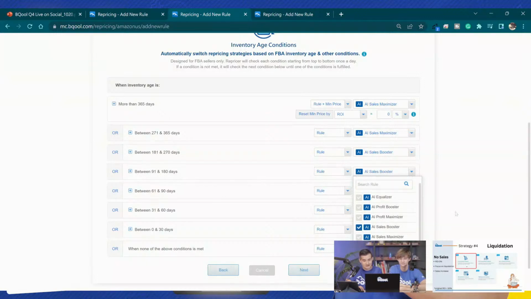I have it still at AI sales booster, but after 91 and 180 days, I really want to sell the products out. If it's more than 365 days, we recommend you just break even, to sell the product at 0% ROI, which is the break even point, and you can sell the product out.